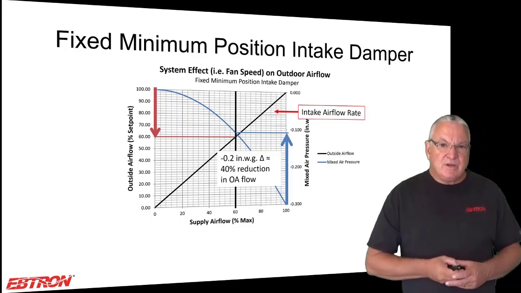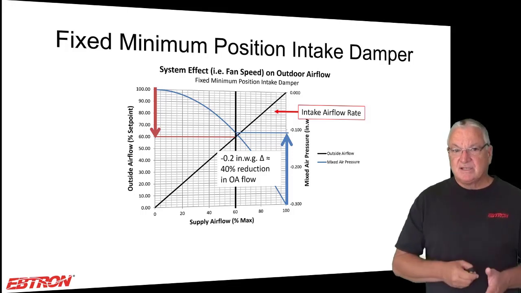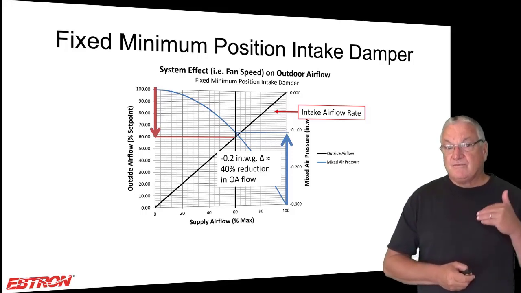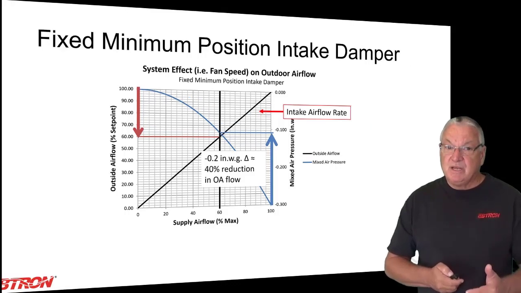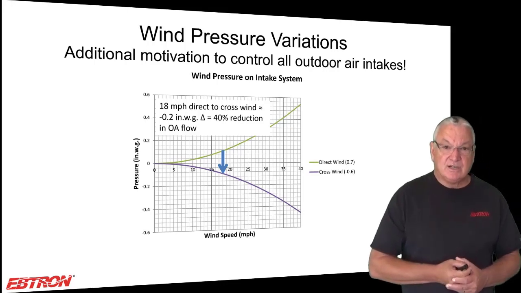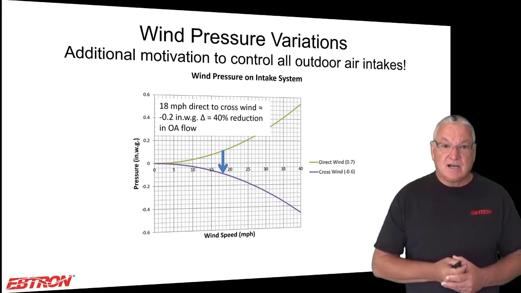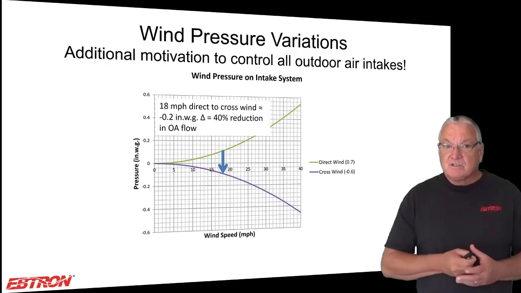So when we take a look at this example, where this 2/10 of an inch reduction in the mixed air plenum pressure was a 40% reduction in flow, now if we kept the fan speed constant and simply changed the wind speed and direction on the exterior side of the louver, we'd have a very similar situation.